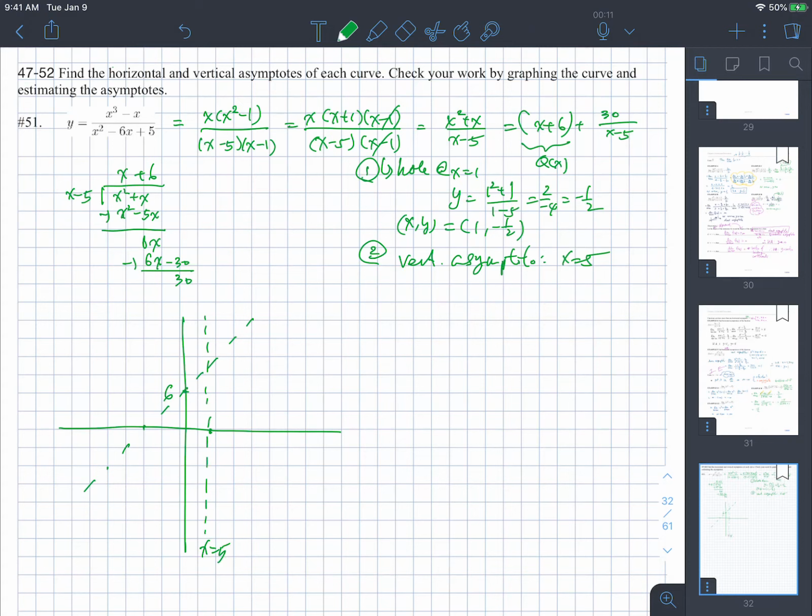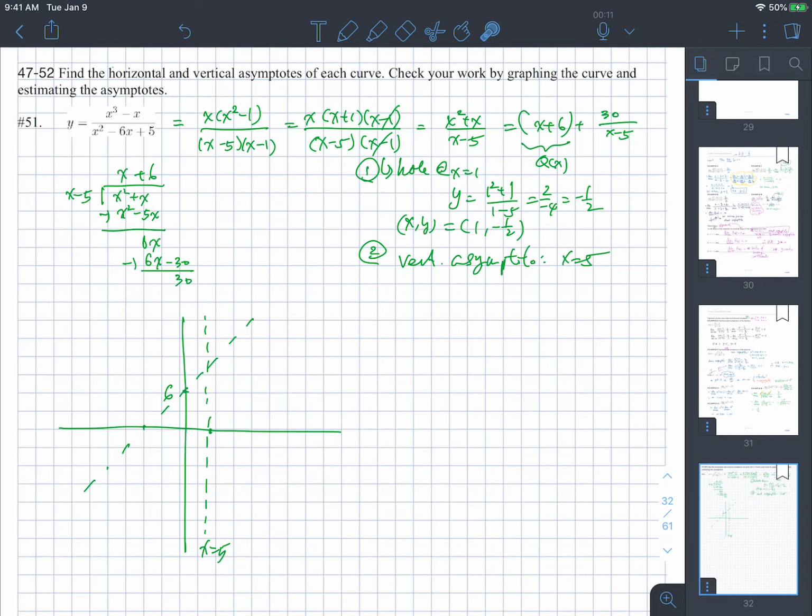So if you put it in your graphing calculator, this is what you would have found, okay? But I'm going to do this by hand. So if I plug in, when you do that, x equals 0 and negative 1, isn't it? Right. So those are my x-intercepts, isn't it?